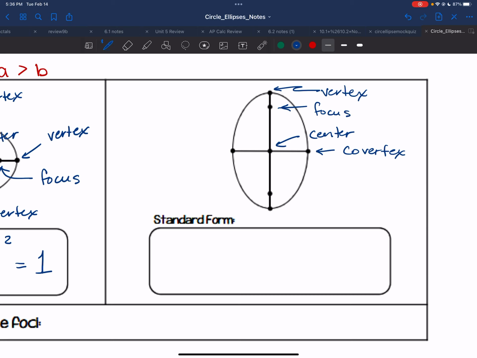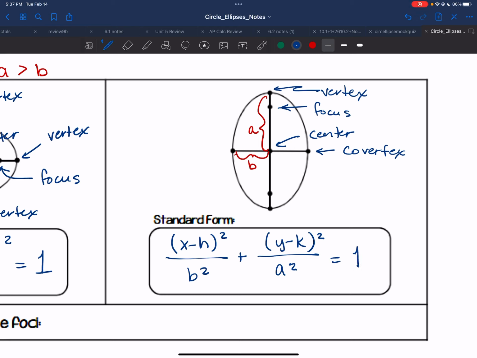The elongated side is actually here, and your shorter side is here. So this changes our equation. The top of our equation looks the same, but now b squared is under x and a squared is under y, and that's equal to 1.